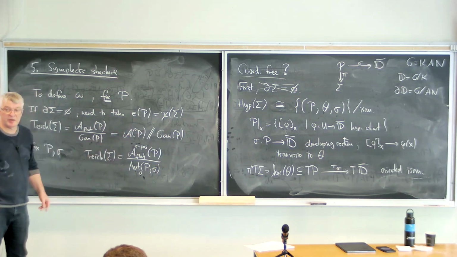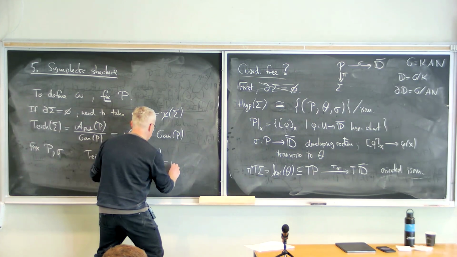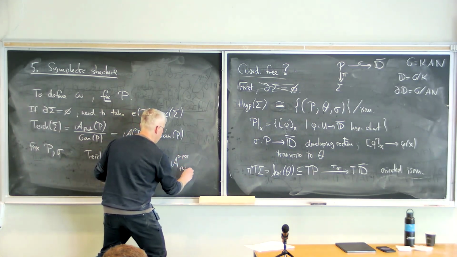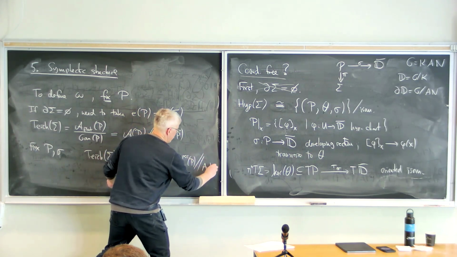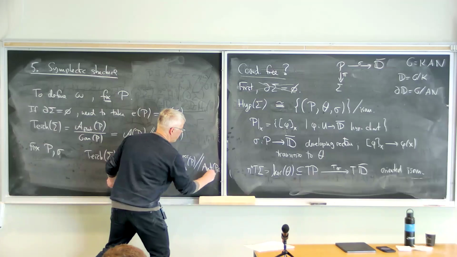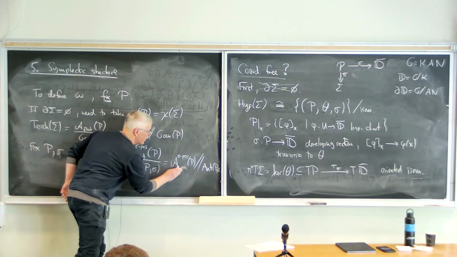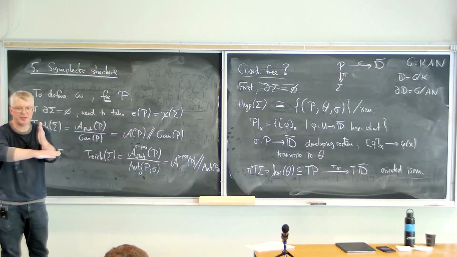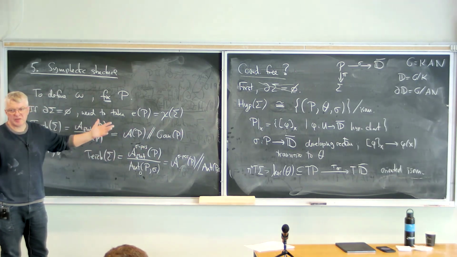One can see that you can also view the same space as just sigma positive flat connections, and then you divide out by this group. It ends up being the same. Yeah, the sigma positive condition is just some transversality condition. So loosely speaking, it's like an open subset. It still has its symplectic structure.